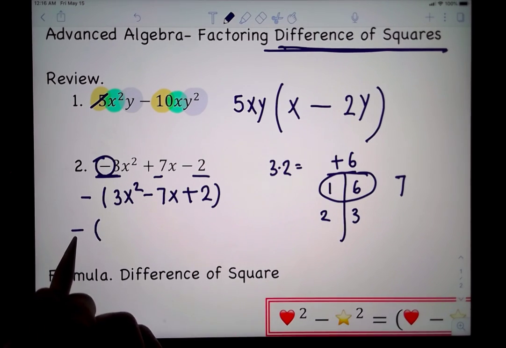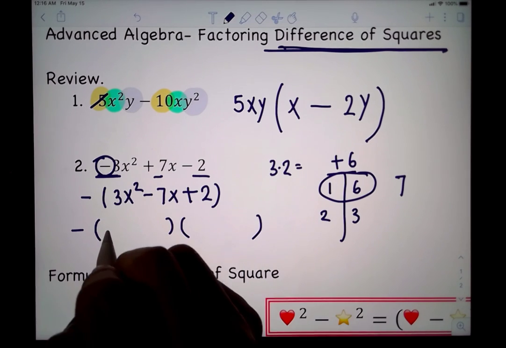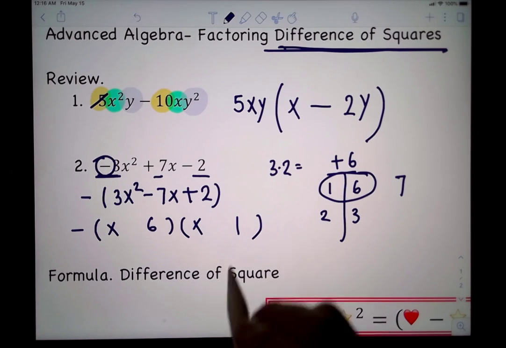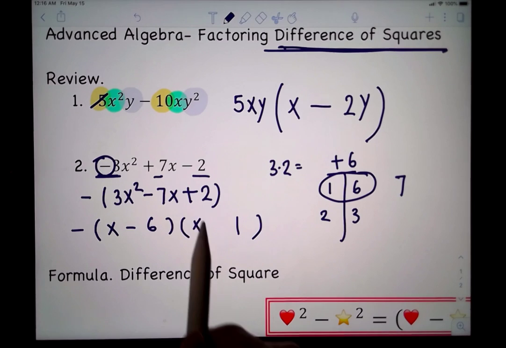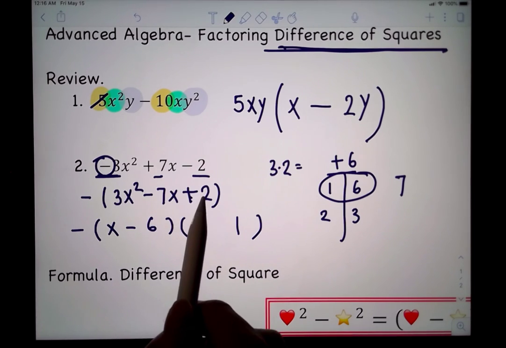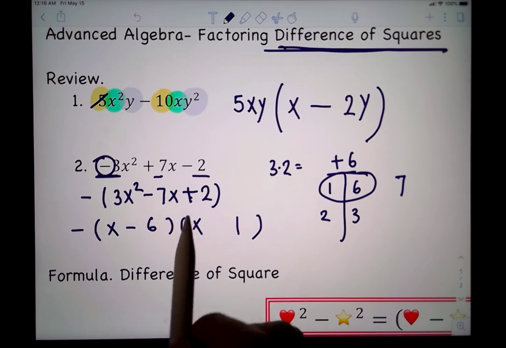You keep this minus outside and you do this. With 6 and 1, same sign, plus, since the sum is positive. The product is not 6 because we are doing AC right now. After we divide and do the bottoms up, you will get 2 when you multiply.